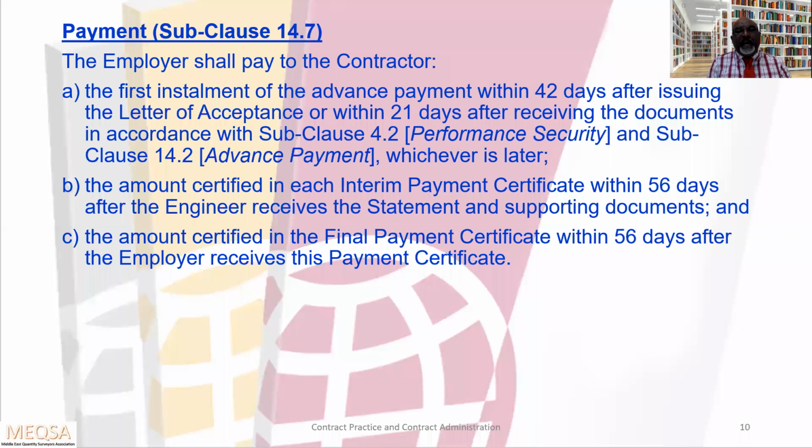B, the amount certified in each interim payment certificate within 56 days after the engineer received the statement and supporting documents. C, the amount certified in the final payment certificate within 56 days after the employer received this payment certificate. So we have seen in that diagram, the engineer will take 28 days, the employer will take another 28 days, so total 56 days from the contractor submission to the payment. This is for the interim payment application.